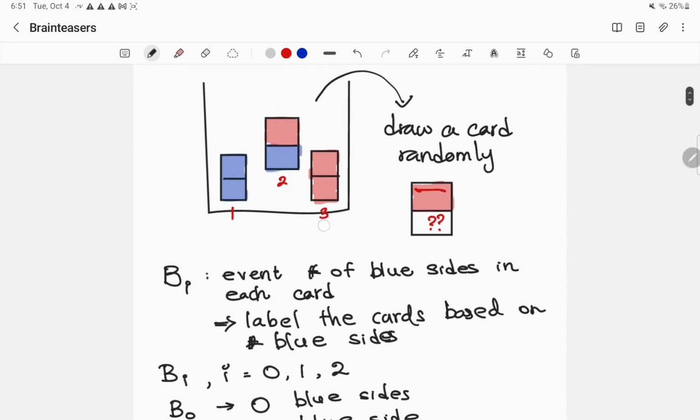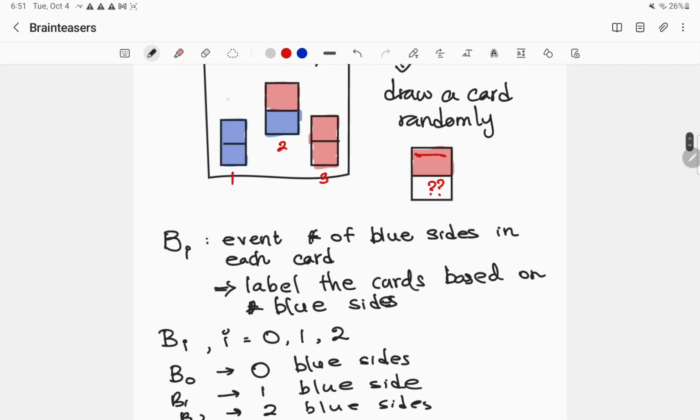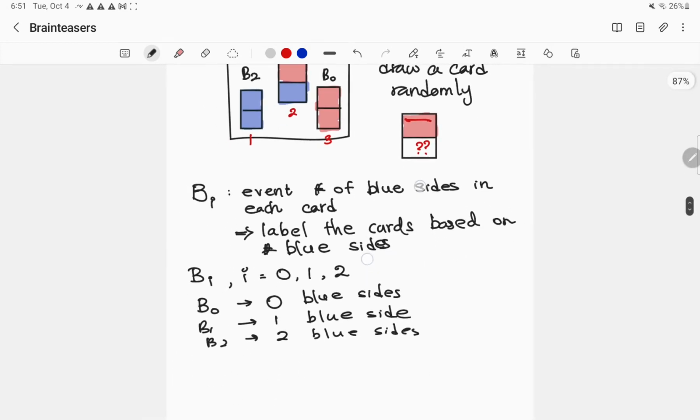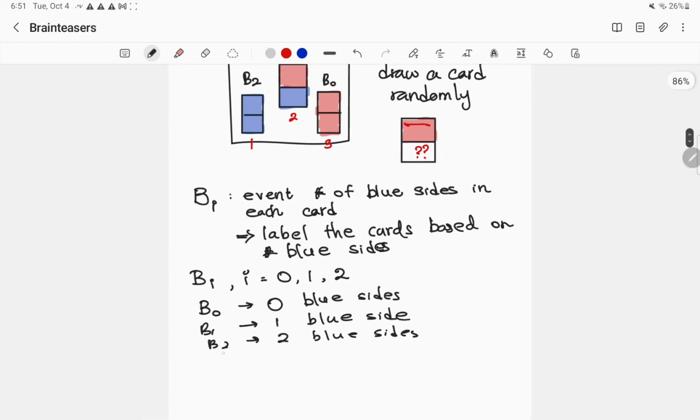If I am going to label it here, we can see that B2, B1 and B0. And I'm going to define the next event as R, which represents the event of the observed side is red.